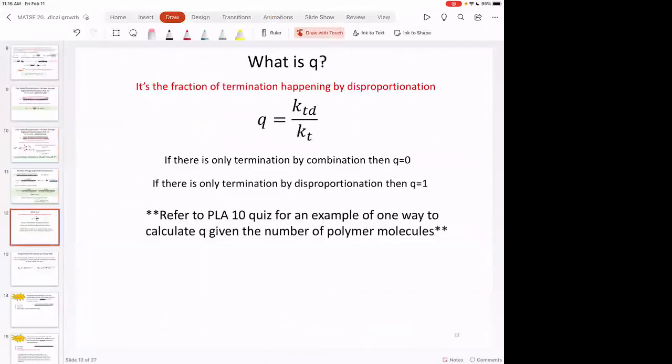What is the definition of Q? The rate of polymers formed by disproportionation, the rate constant of the disproportionation reaction over what? What is K sub T? The total termination rate.